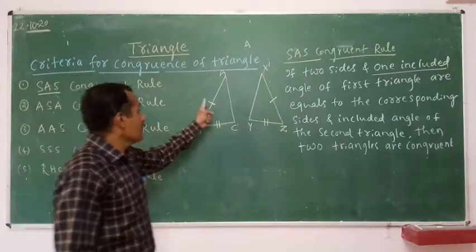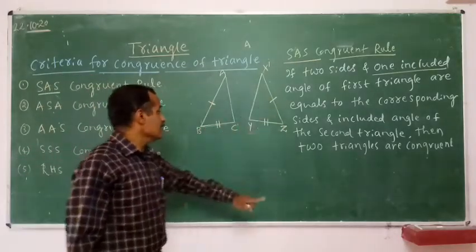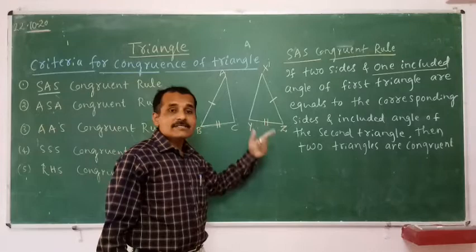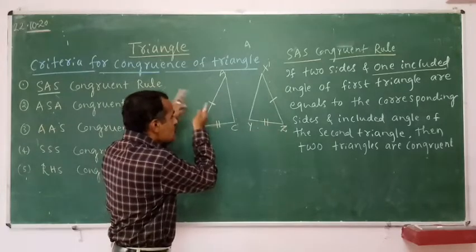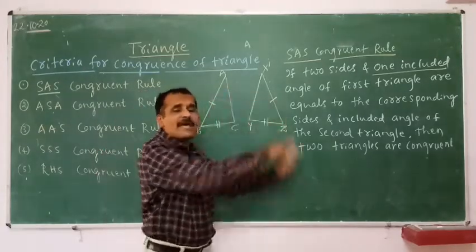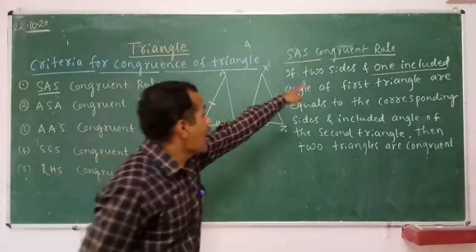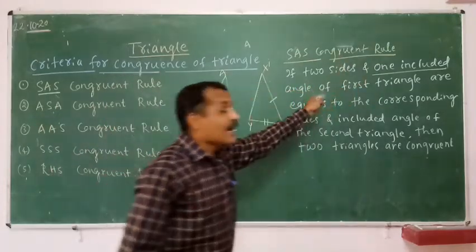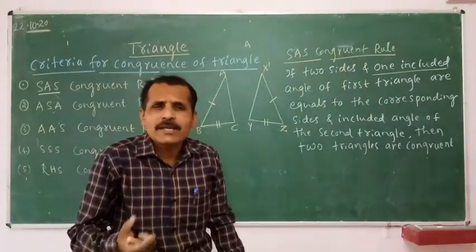That means I have given you AB equals XZ and BC equals YZ. Two sides from here and two sides from there are equal to each other. And one included angle. What does included angle mean?